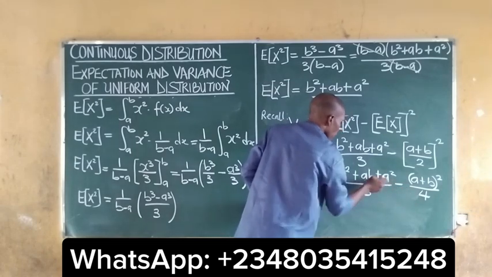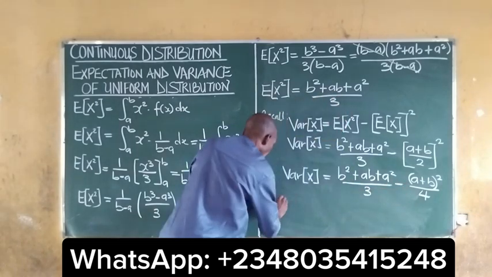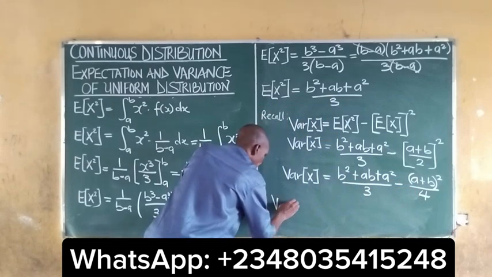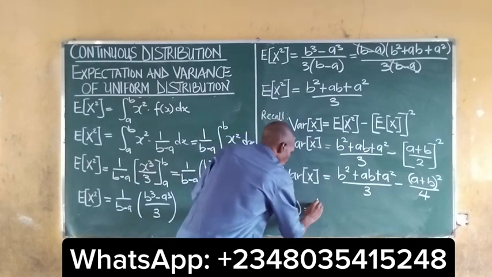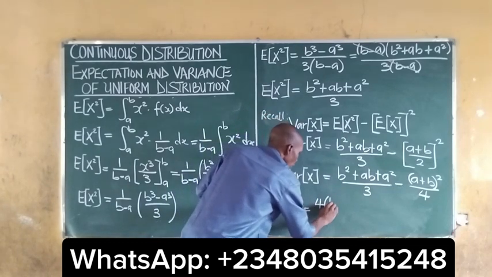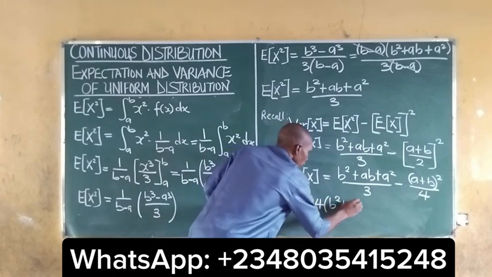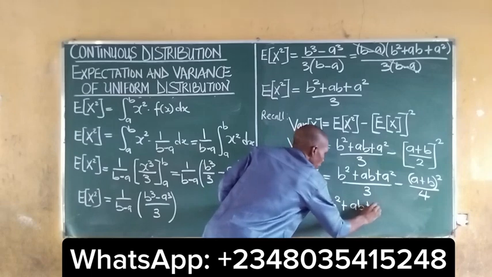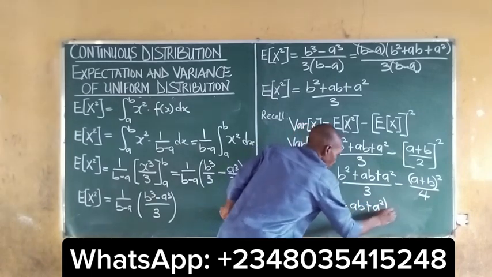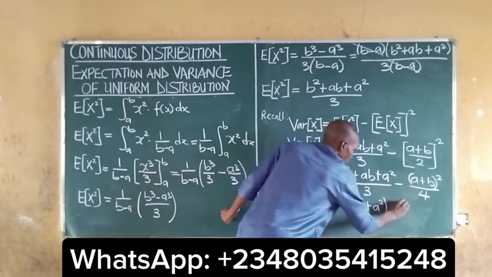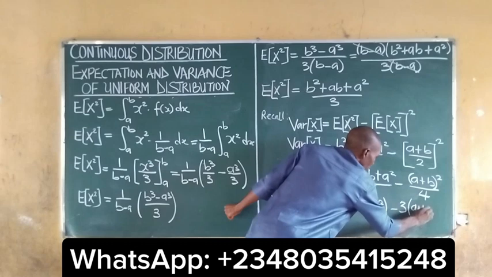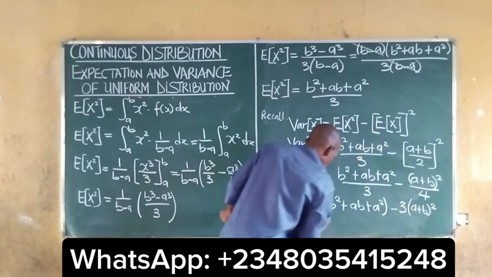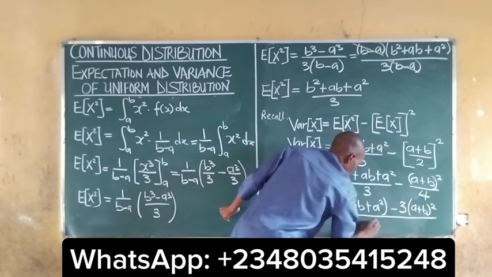If we take the LCM of this, we multiply this. So we have our variance of x will be equal to 4 into b squared plus ab plus a squared minus 3 into a plus b squared all over 12.